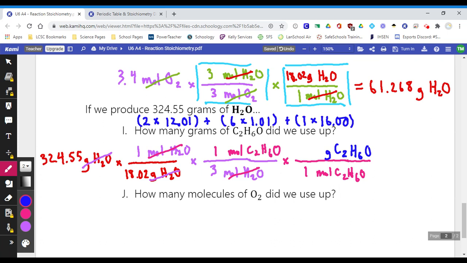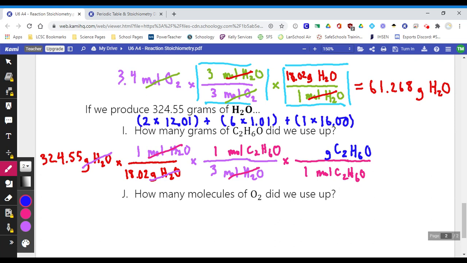All right, I add all that up. So my 12.01 times 2 comes out to be 24.02. My 6 times 1.01. Sorry, I'm trying to type and talk at the same time. I'm just going to add it all up. So that plus 16.